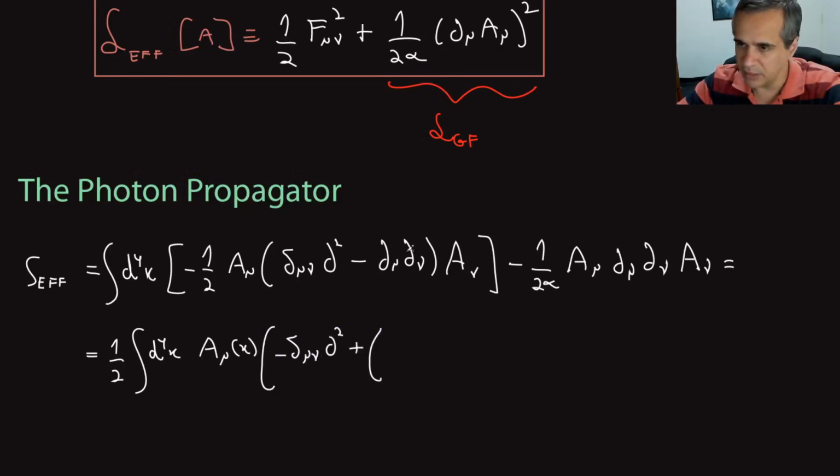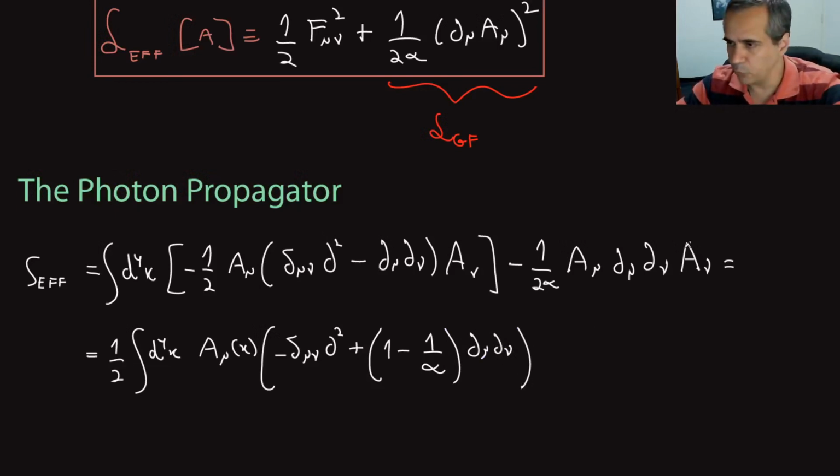derivative, plus, and then I can put this part and this one together, it will be 1 minus 1 over alpha, I think all signs are okay here, times del mu del nu, which acts on A nu of x.